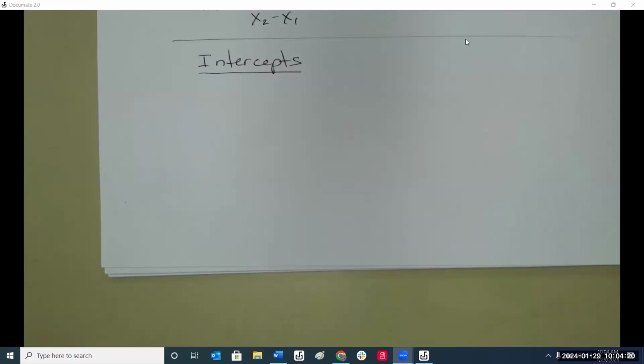That's a trick question because there are two of them that we're looking for. When two lines intersect, cross each other, that is an intersect. In this case, it's where the graph crosses the X and the Y axis.